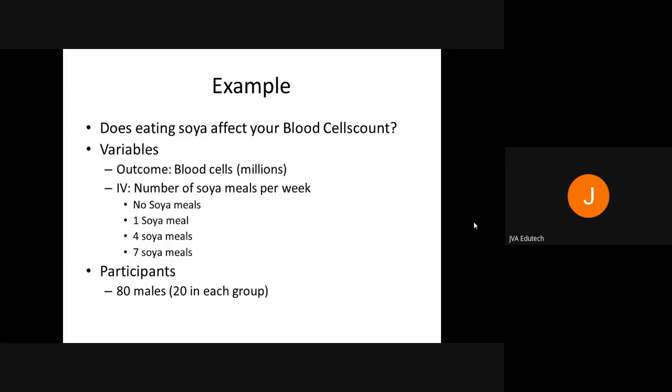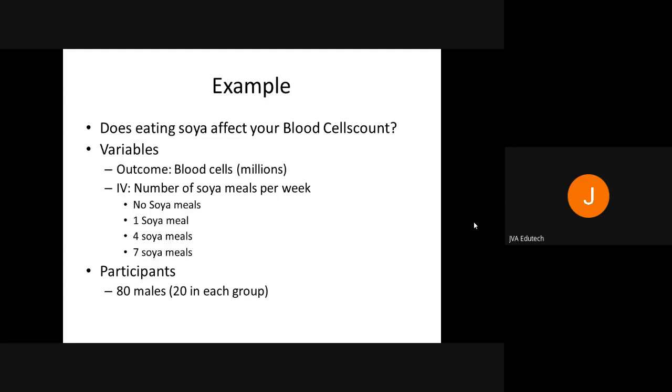Now, we have four cases: no soya meal, one soya meal, four soya meals, seven soya meals, meaning the groups come from different populations. One group is fed a normal diet without any soya meal.